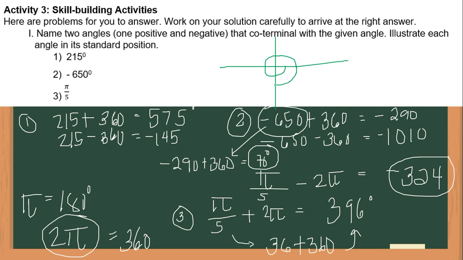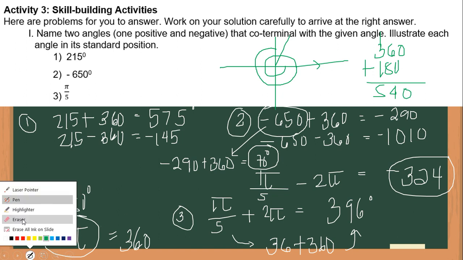Another 90 makes 540. Then add another 90, that is 630. So what quadrant is negative 650 now? Quadrant 1.